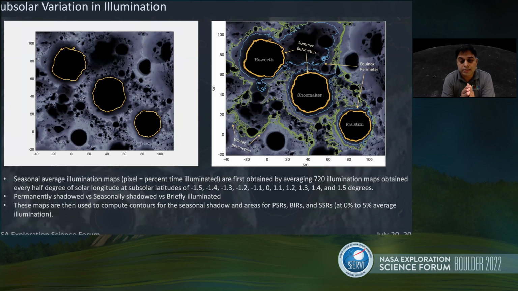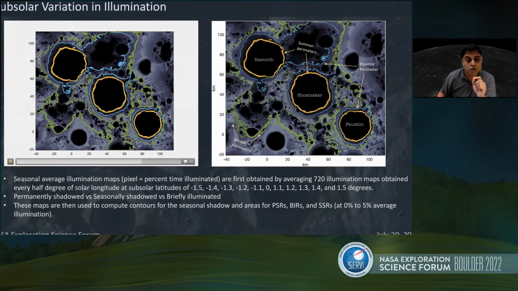We took these different sets and squished them down into one single image, and then from there, we outlined the shadowed area. So what we are going to see is the advancement of the shadow boundary. I'll play that once again.